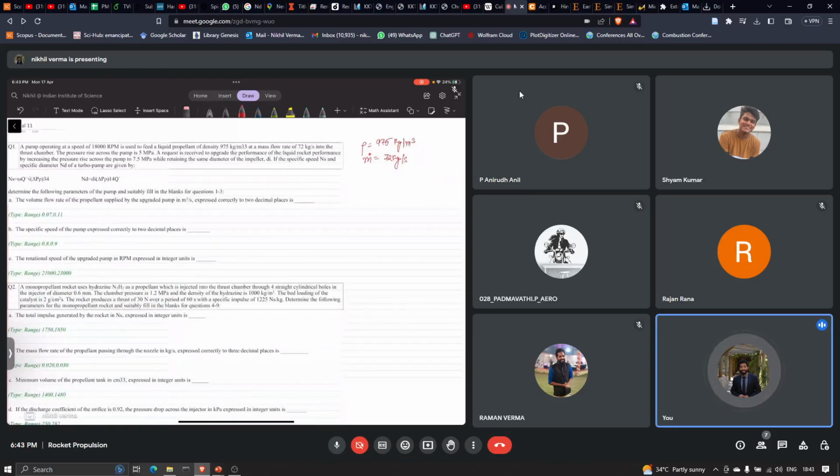The pressure rise across the pump, delta P, is given as 5 megapascals, and a request is received to upgrade the performance of the liquid rocket by increasing the pressure across the pump by delta P1, so we have to design a combustion chamber.